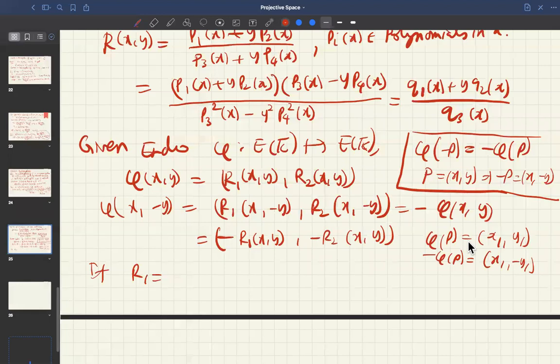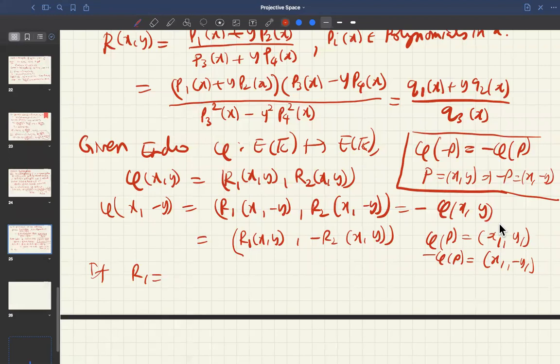Yes. So the same would apply for phi of (x, y) here, because (x, y) is our point. So only R2 will be negative. Yes, you're right, that's fine, that's correct. So this is how we use minus.